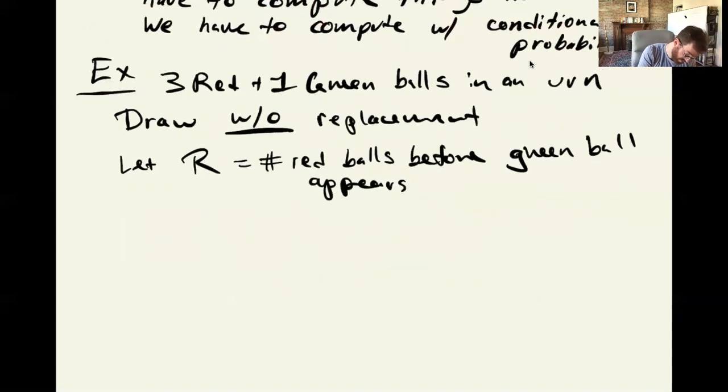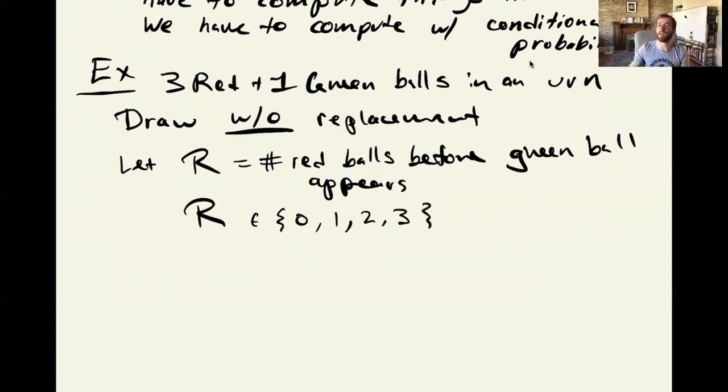So again, first of all, recall that if I look at the range of R, well, my first draw could be a green ball, in which case I had 0 red balls appear before my first green ball. I could have 1, 2, or 3, but you can't go higher than 3 because there are only 3 red balls and we're sampling without replacement.